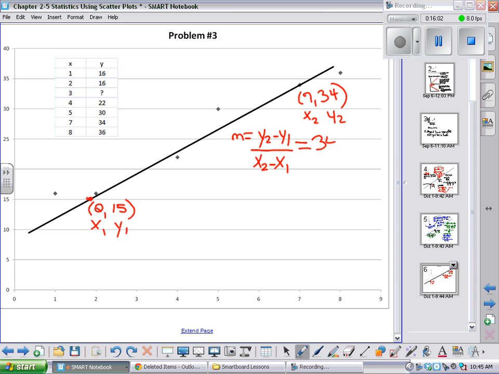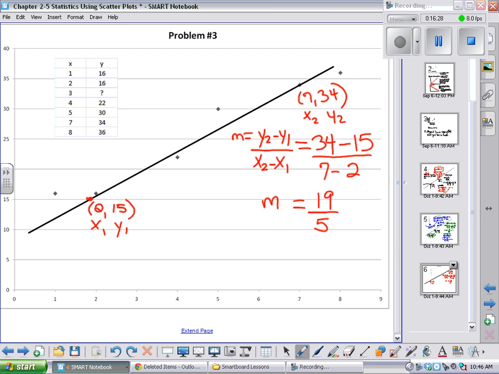So I get 34 minus 15 over 7 minus 2. I end up with 19 over 5. Plug it in, then choose your 2 points.